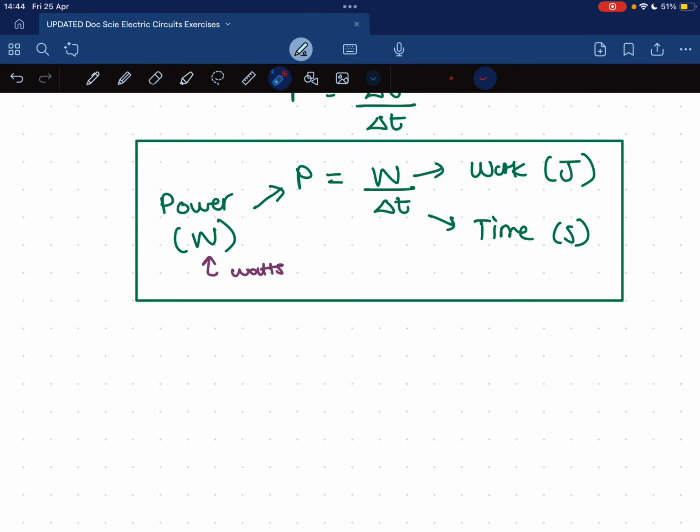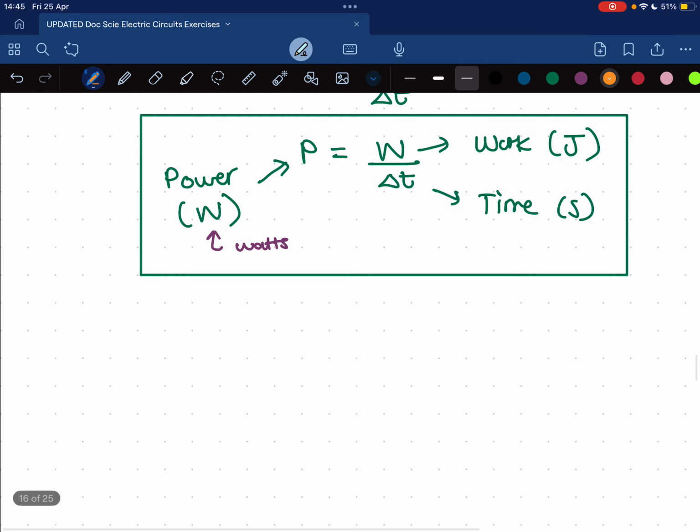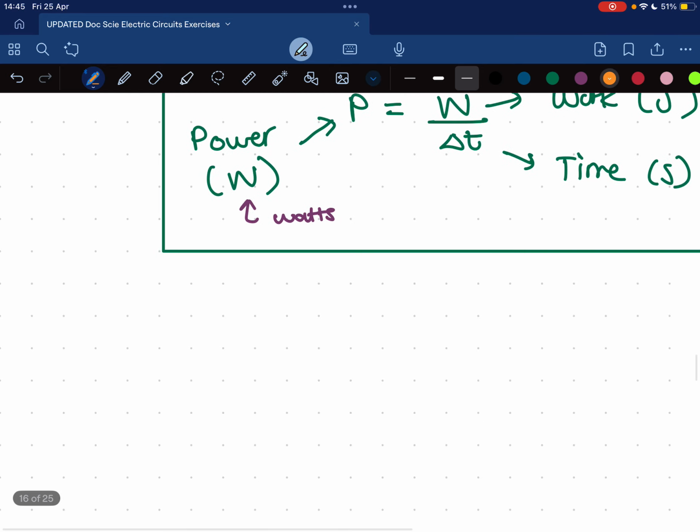Okay, so now if we think about how all of this starts to relate together, we've already discussed a work charge formula. So you must also understand that the power that a device is going to dissipate is equal to the product of that potential difference and current.